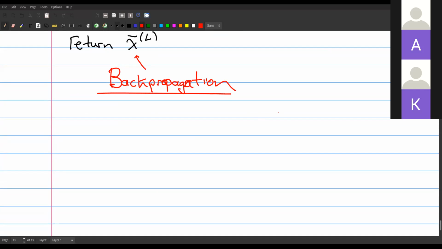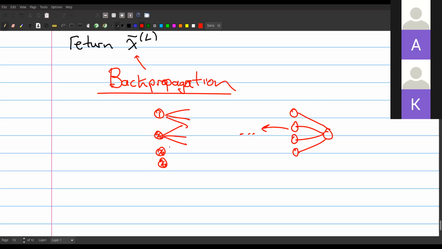So the basic idea: you have a neural network. Here's the output, and then in the previous layers you have a bunch of nodes, and in the layer before that even more nodes, all the way back to the initial inputs. So here's 1, x1, x2, x3, and lots of things coming out here. The basic idea is kind of like stochastic gradient descent.